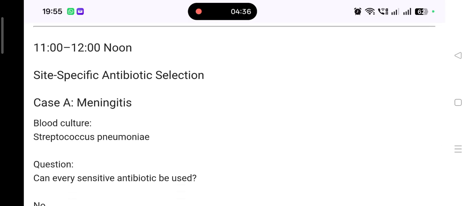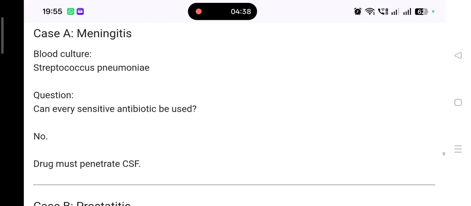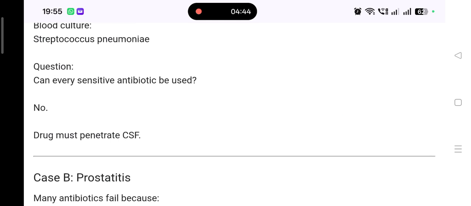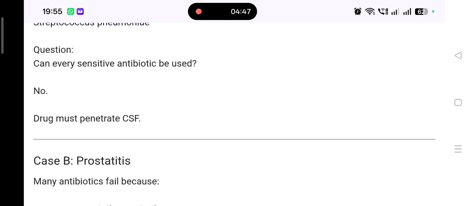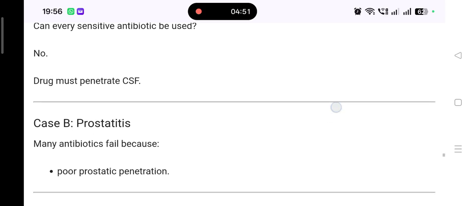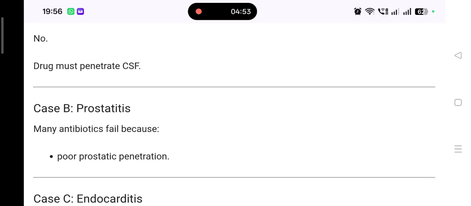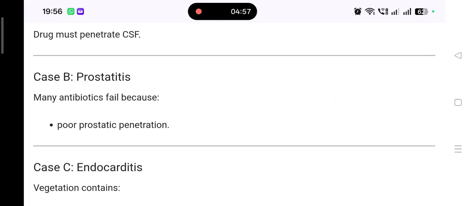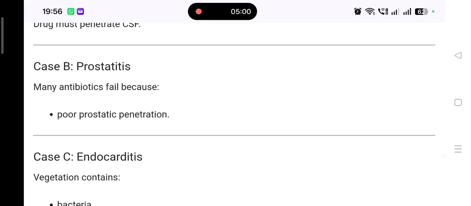So, site specific antibiotic selection. Case is meningitis. In blood culture they get Streptococcus pneumoniae. The question is, can every sensitive antibiotic be used? No, the drug must penetrate CSF in case of meningitis. Out of those sensitive drugs, you have to see which drug can penetrate the CSF.